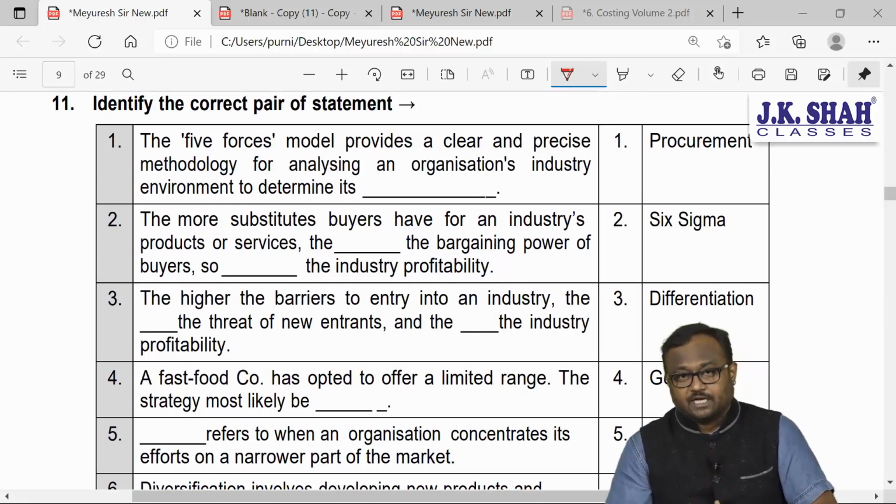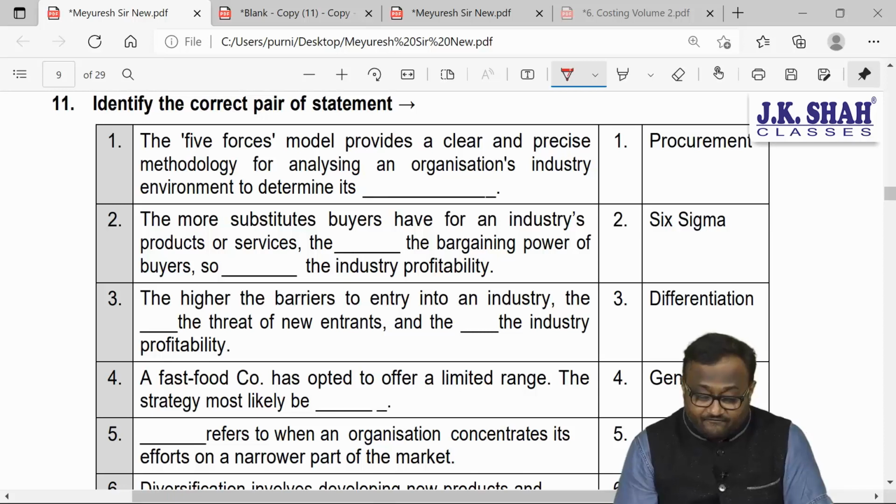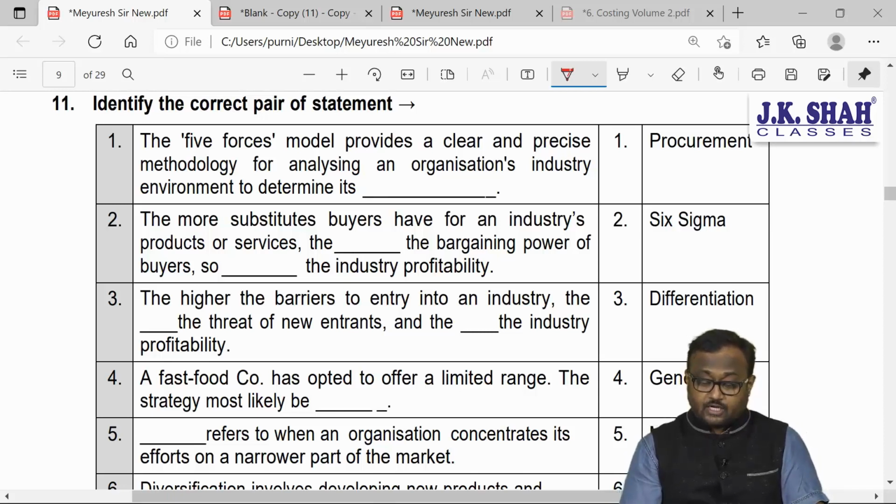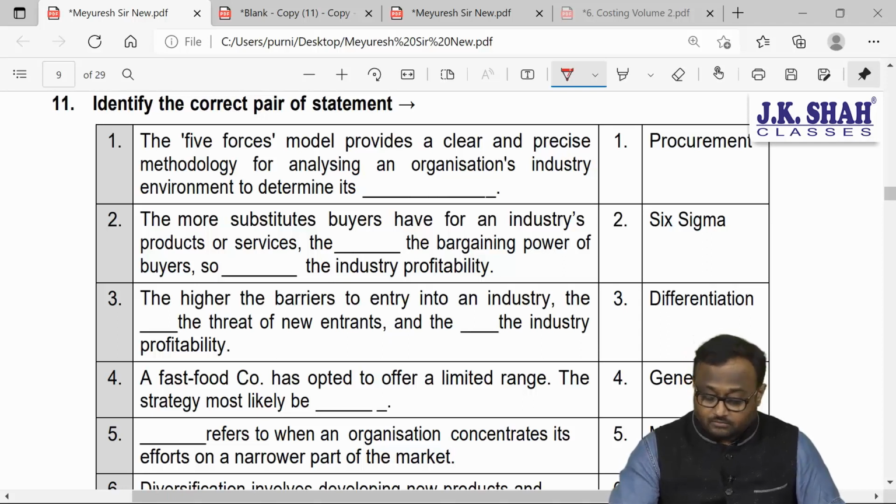Fill in the blanks. Basically, the 5 forces model provides a clear and precise methodology for analyzing an organization's industry environment to determine its what?